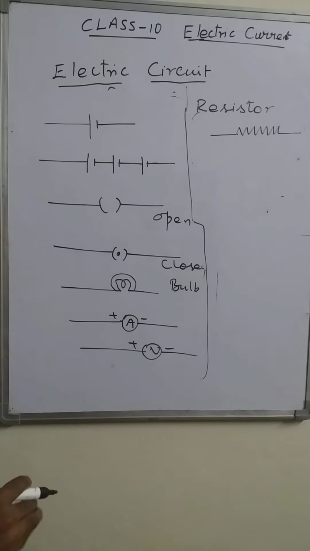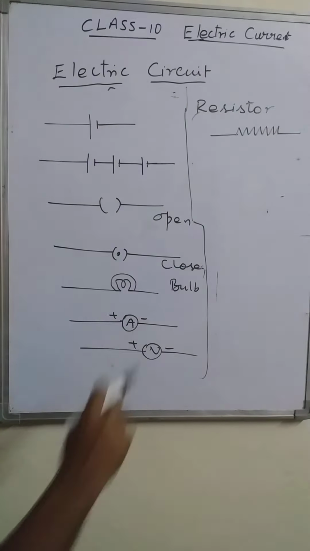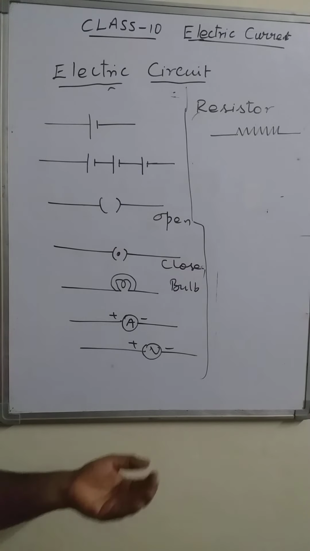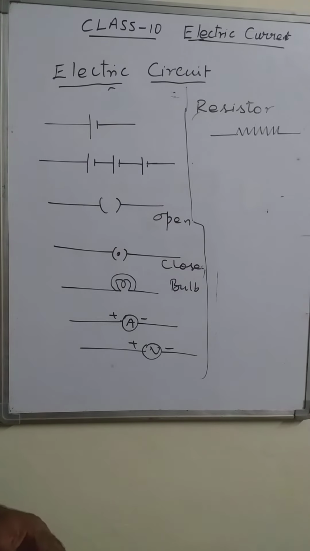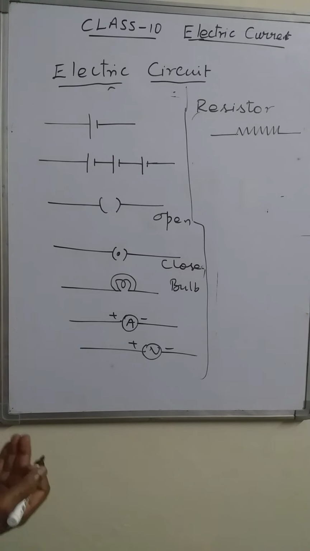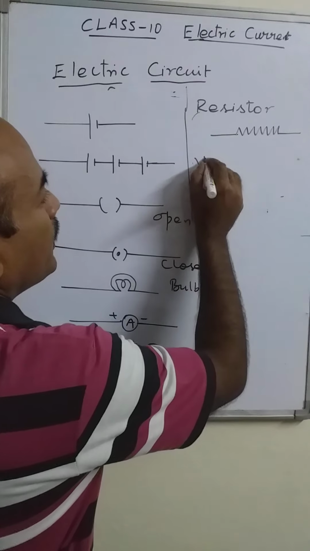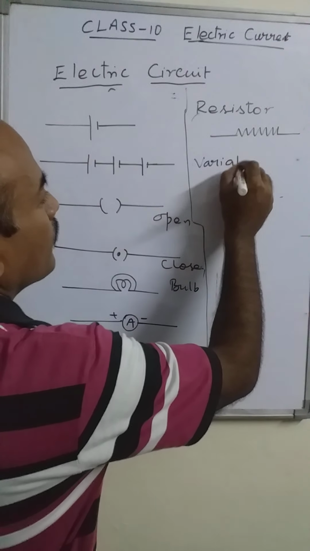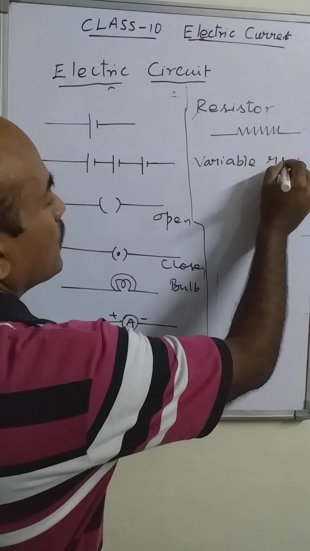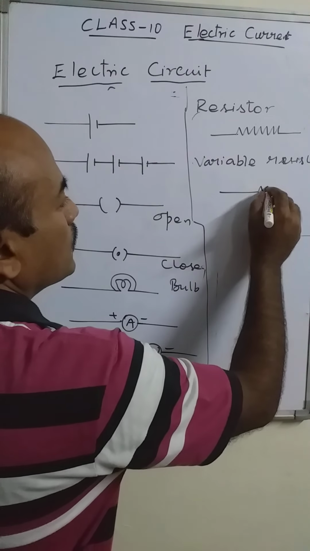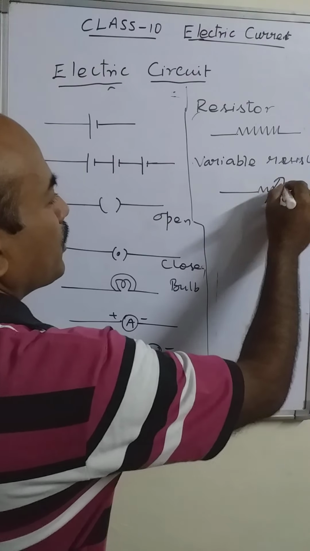And this resistor has some value, meaning some value of opposition to the electric current. Here its value is fixed. If its value is to be changed, then we use a variable resistor. It is shown like this, with an arrow.